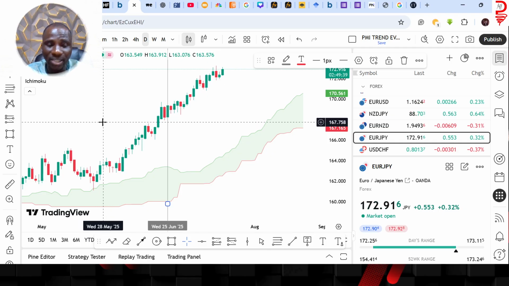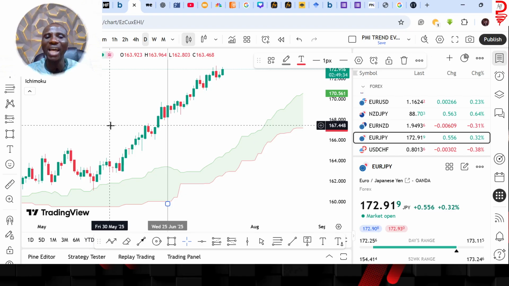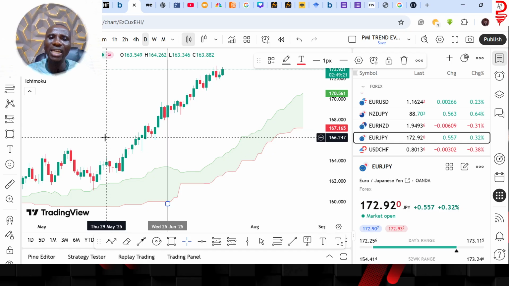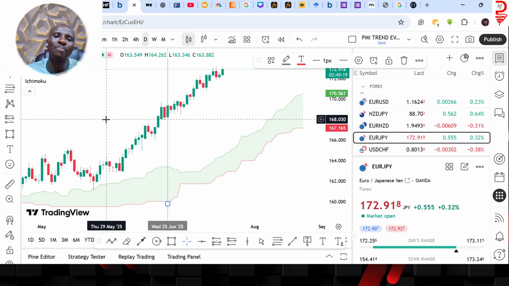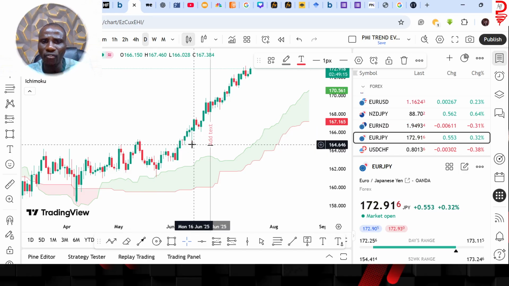If you want to trade, if you pick any currency pair, you must ask yourself, is capital flowing into any of these currency pairs? Then if yes is the answer, ask yourself, is capital flowing away from the second currency? If no is the answer, don't trade that currency pair. I'm telling you. So you might need to do your research to confirm what I'm talking about.